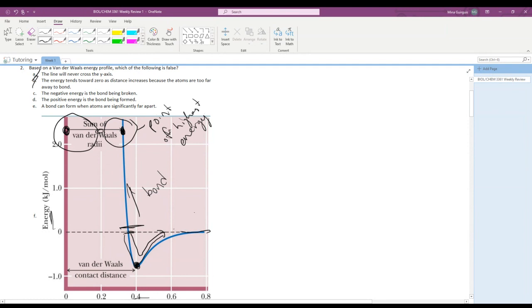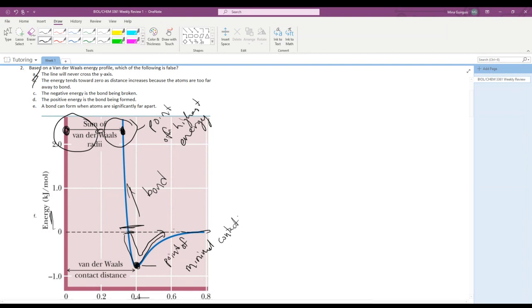And this down here, this right here is the point of minimal contact. Minimal contact, because any further away and they stop affecting each other.